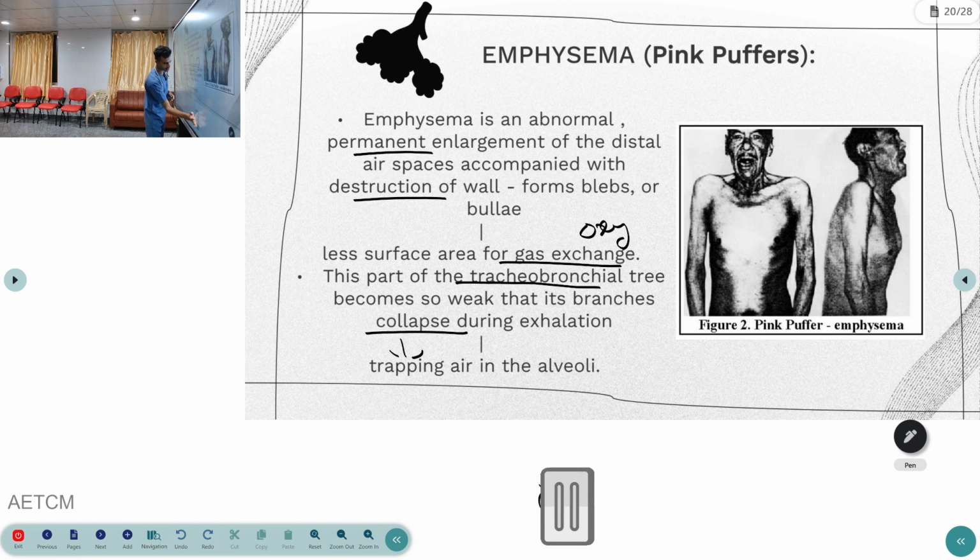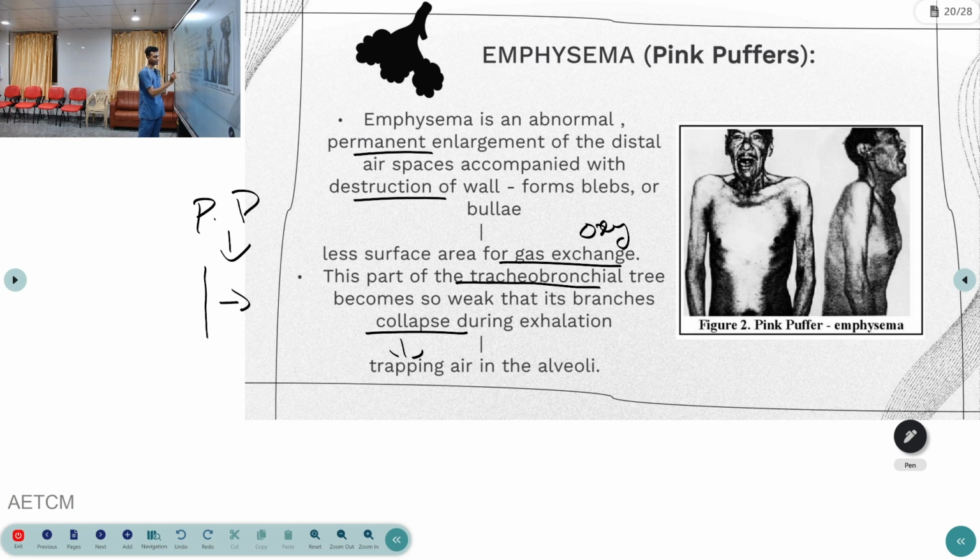So why are we calling emphysema pink puffers? Pink puffer is a generalized term we use when a person has a thin body build and increased breathing effort or increased respiratory rate. We'll segregate it one by one.